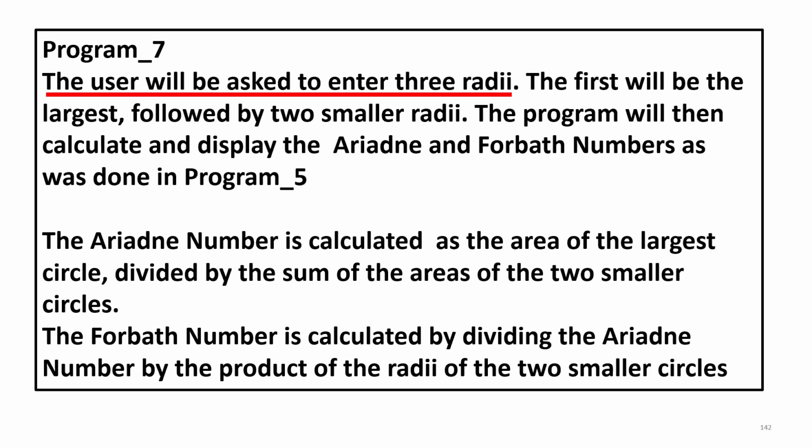So let's see if we can put some of this to use in program 7. In 7, all our client wants us to do is modify the code we wrote in program 5 to have the user enter the values for the 3 radii. And the requirement is that the program runs exactly like this.